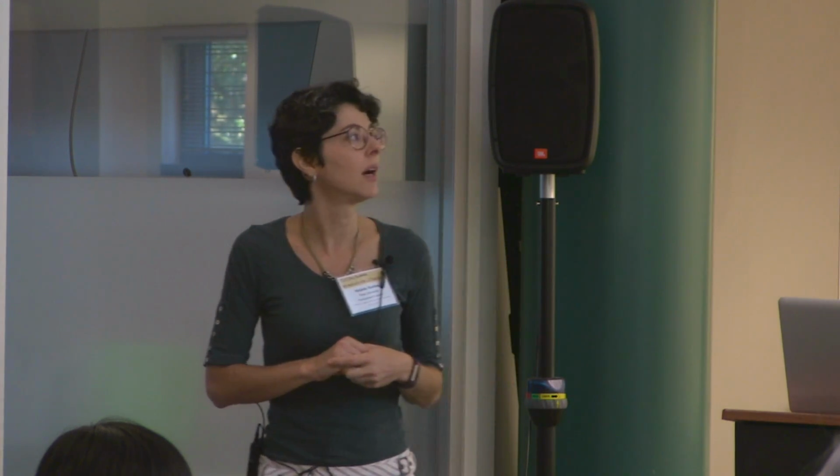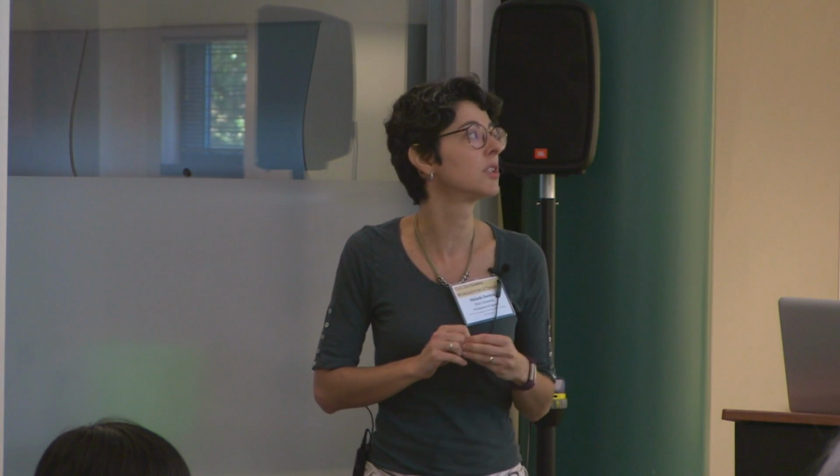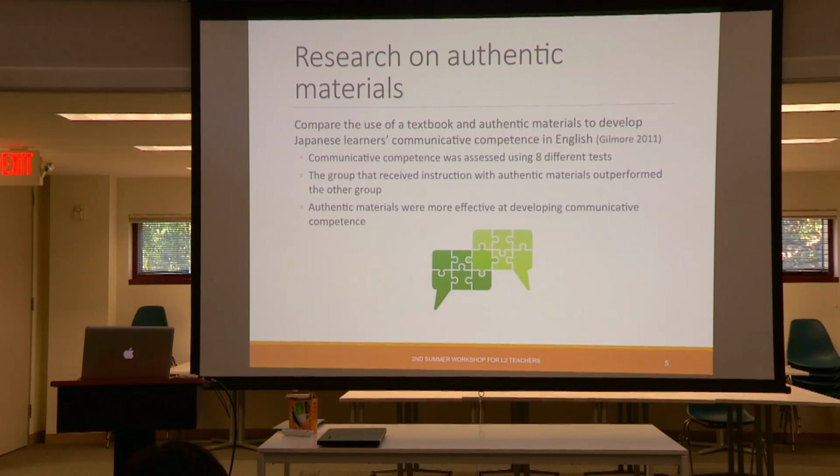So in this particular study, they compared the use of textbook and authentic materials to develop Japanese learners' communicative competence in English. So they used 8 different tests to see how much these learners learned in terms of communicative competence after being taught with the textbook and with authentic materials.